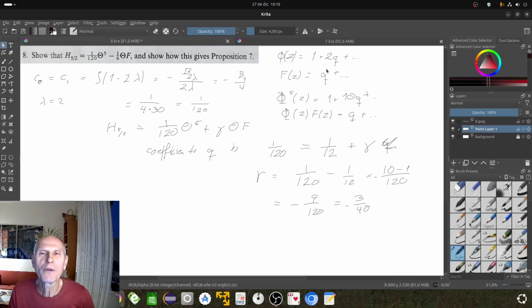So maybe we could use that, computing the next coefficient. I don't want to do that. It's not very difficult, but this is the simple way which should work.